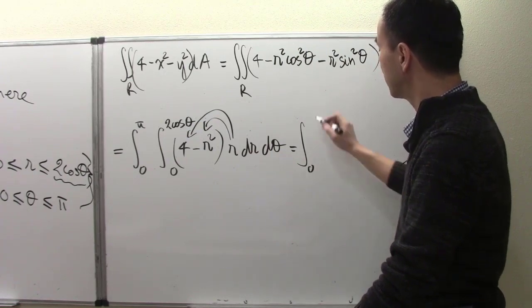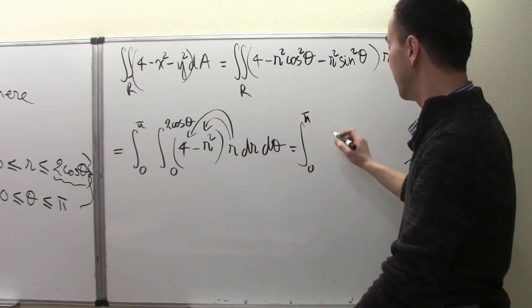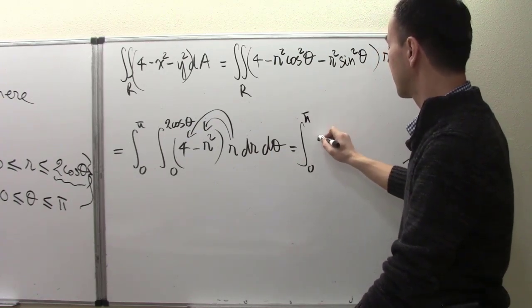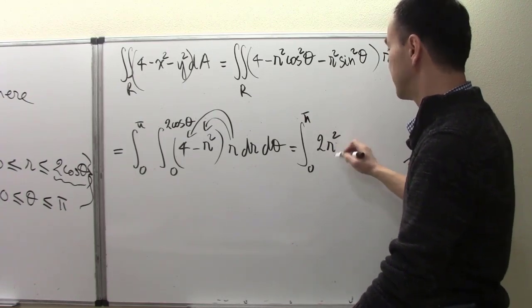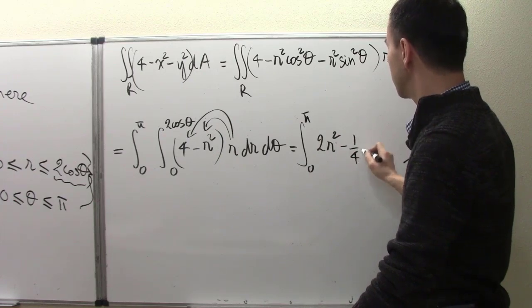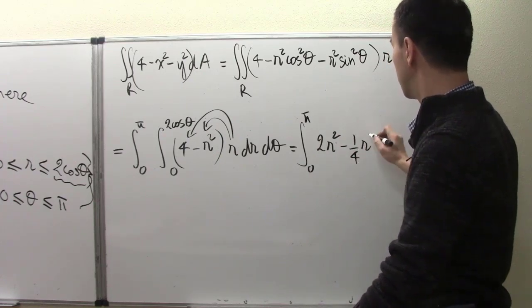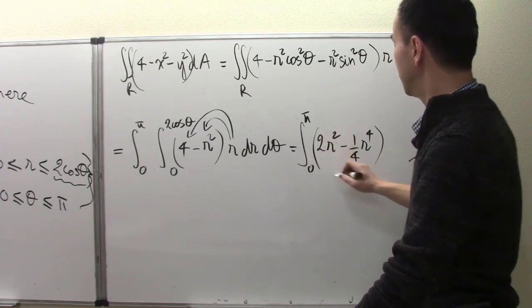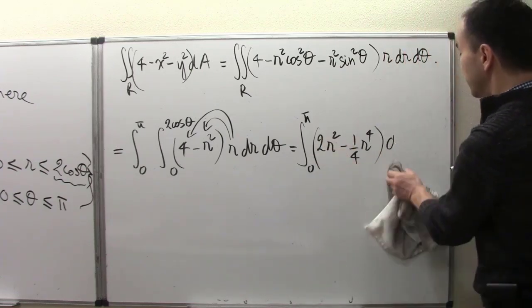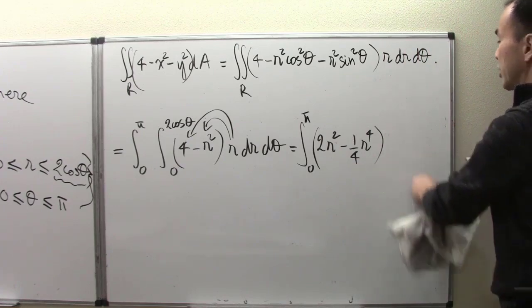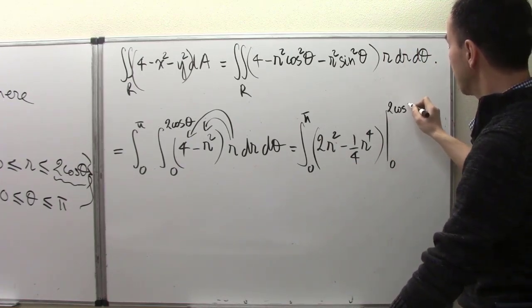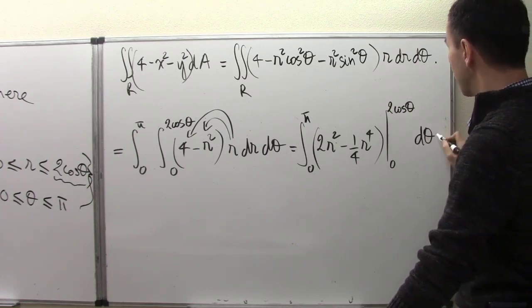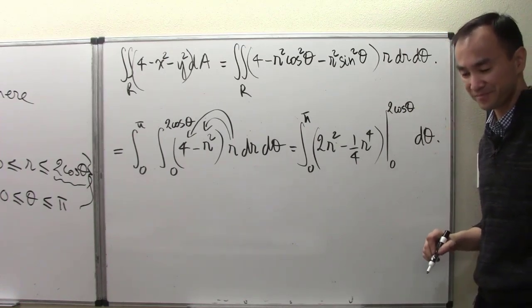So now it's from 0 to pi, and now I'm looking at 2 r squared minus 1/4 r to the 4th power. And we're evaluating this from 0 to 2 cosine theta. And then after that, we're going to integrate further with respect to theta.